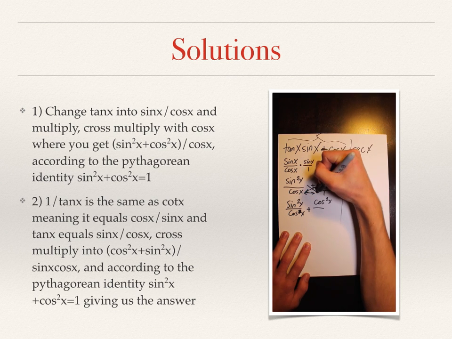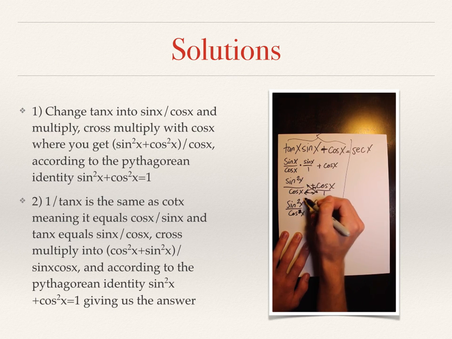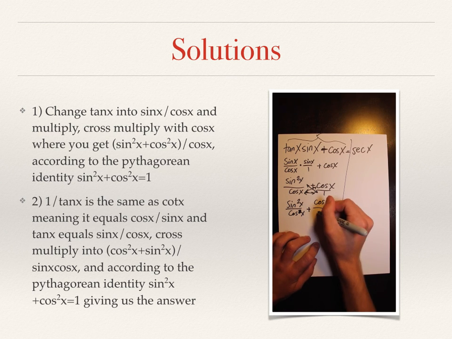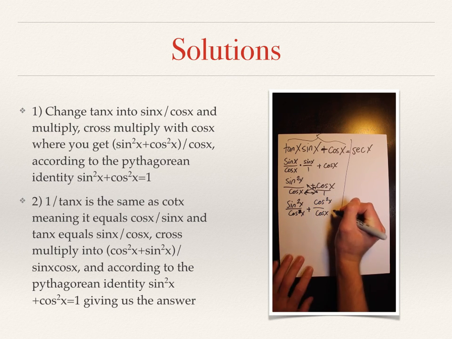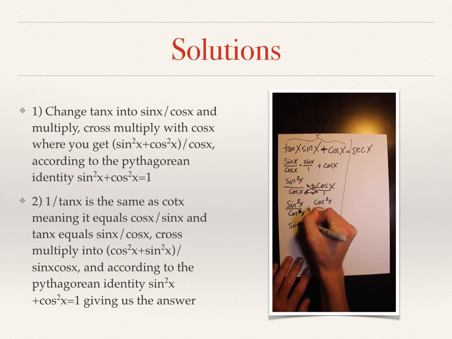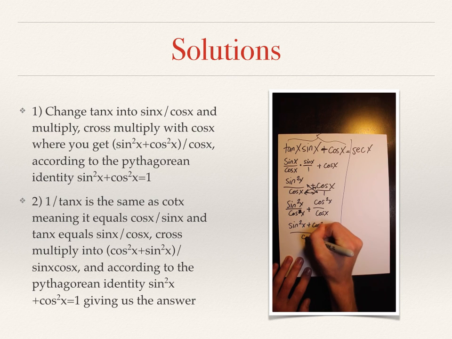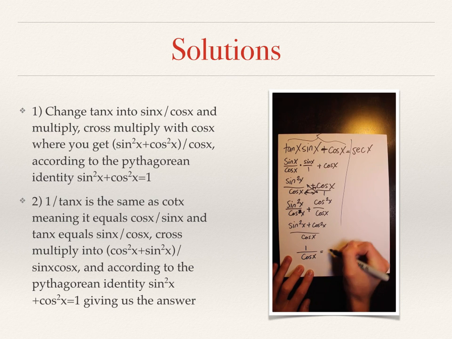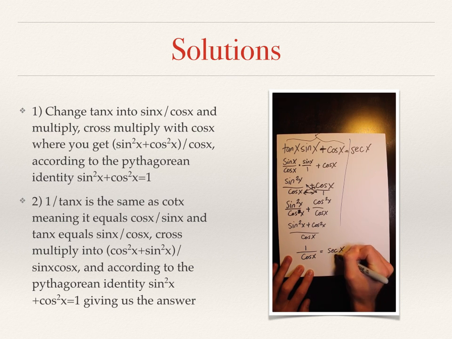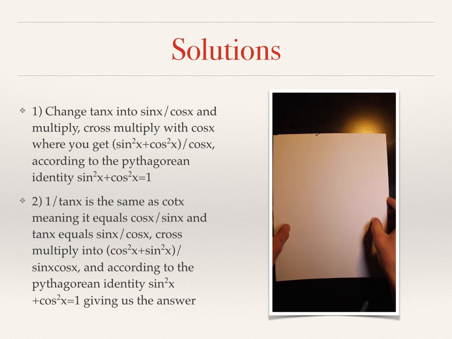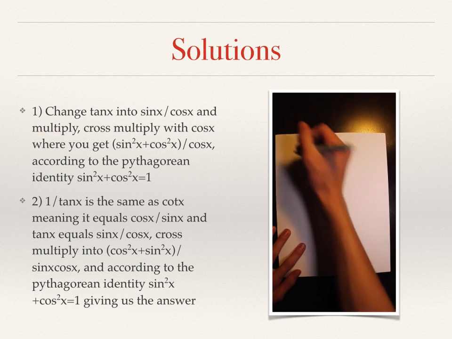And then cosine to 1, giving you the 2 cosines on the bottom. And sine squared x to 1 is sine squared. Pretty confusing, but sorry for messing it up. But yeah, there you go. And sine squared x plus cosine squared x is what you get all over cosine x. And that's 1 over cosine x and secant x. And bam, got your answer.